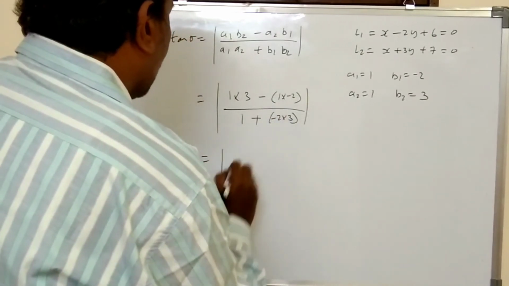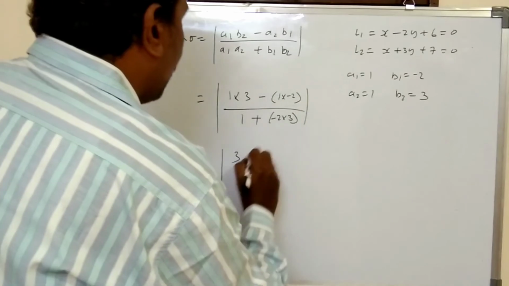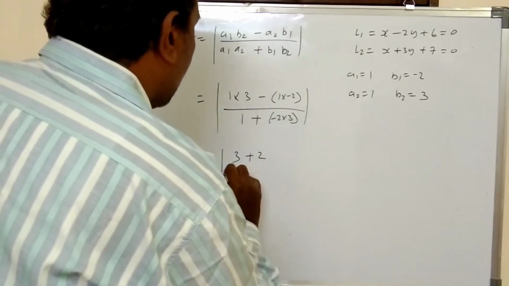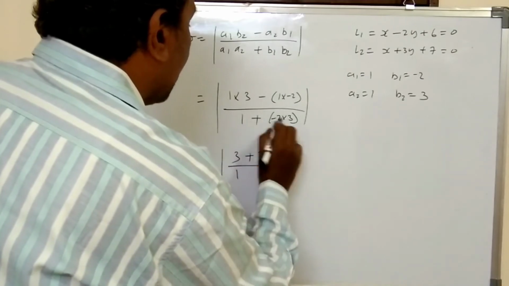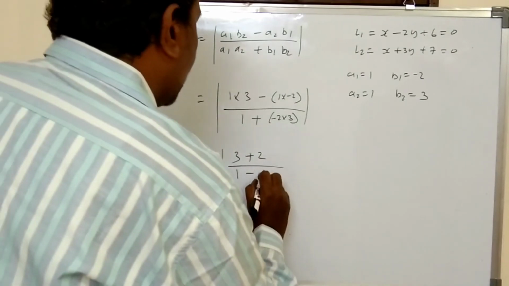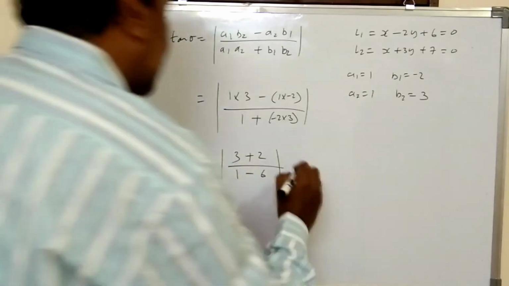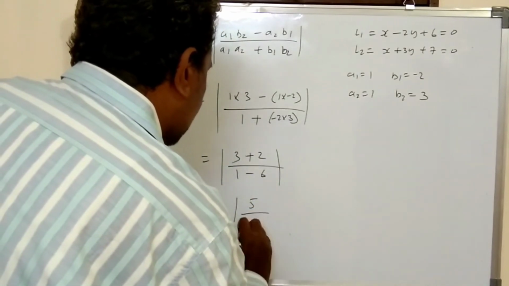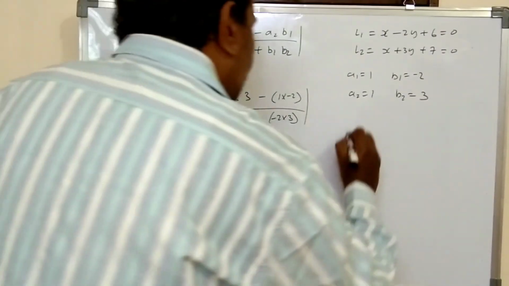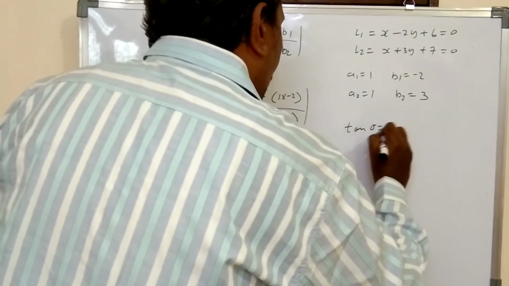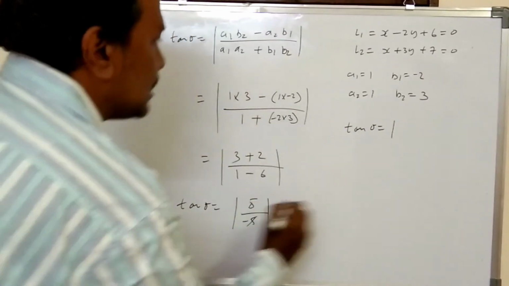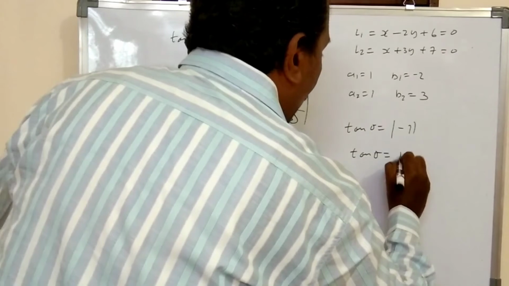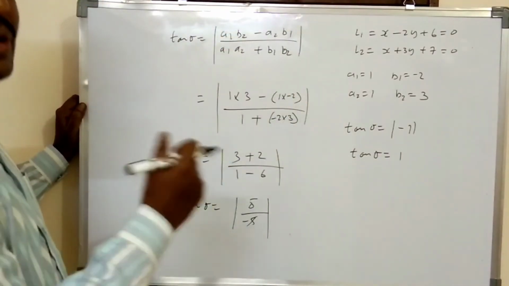That is equal to 3, minus of minus is plus, 1 into 2 is 2, by 1 plus of minus is minus, 2 into 3 is 6. So tan theta is equal to 5 by minus 5. So mod 5 gets cancelled, that becomes mod minus 1. So tan theta is equal to 1. Remove the modulus, we get 1.